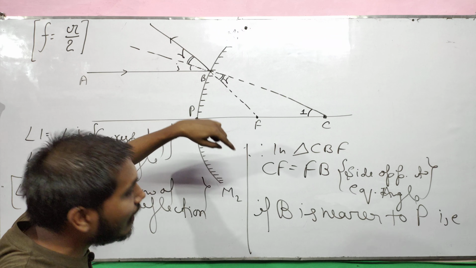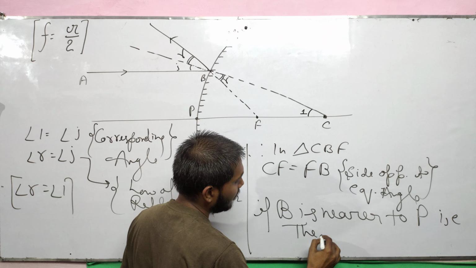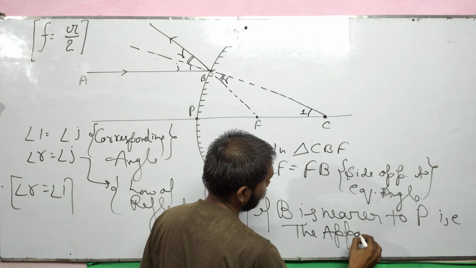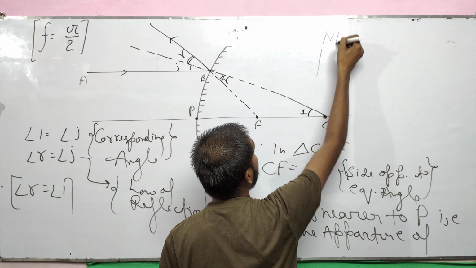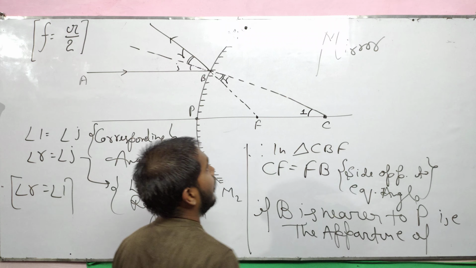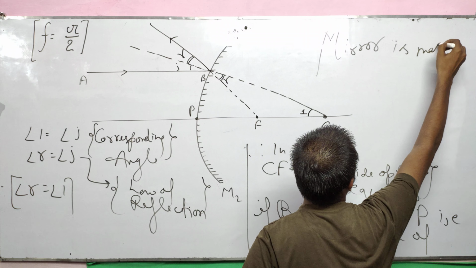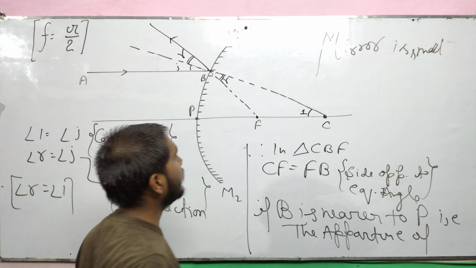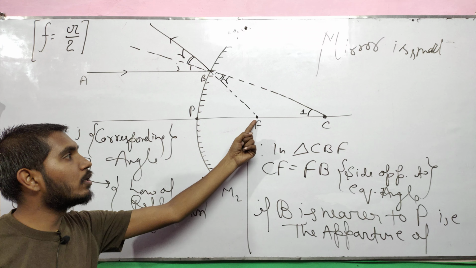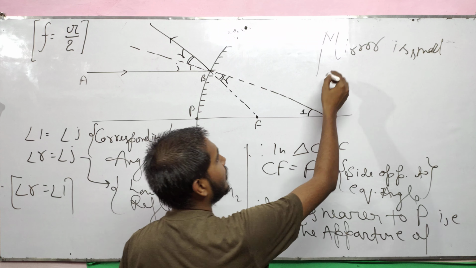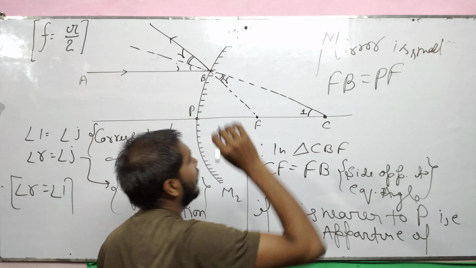The aperture of the mirror is very small. So, beta, FB equals FP.